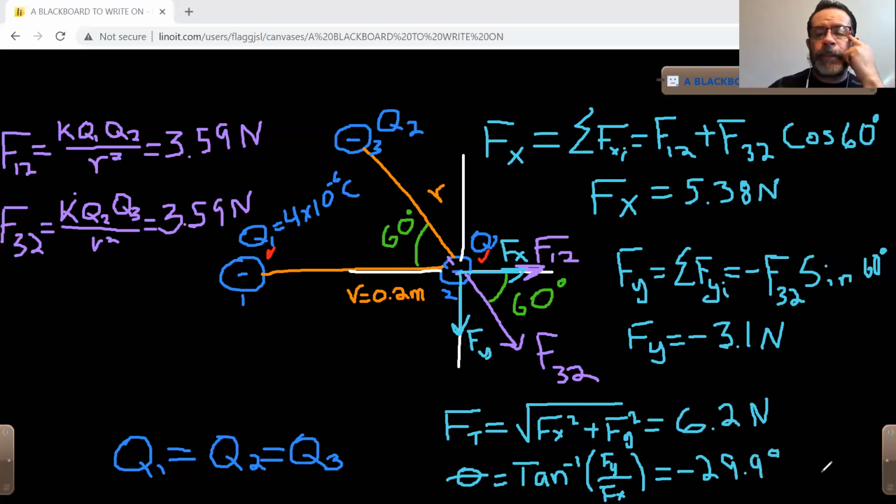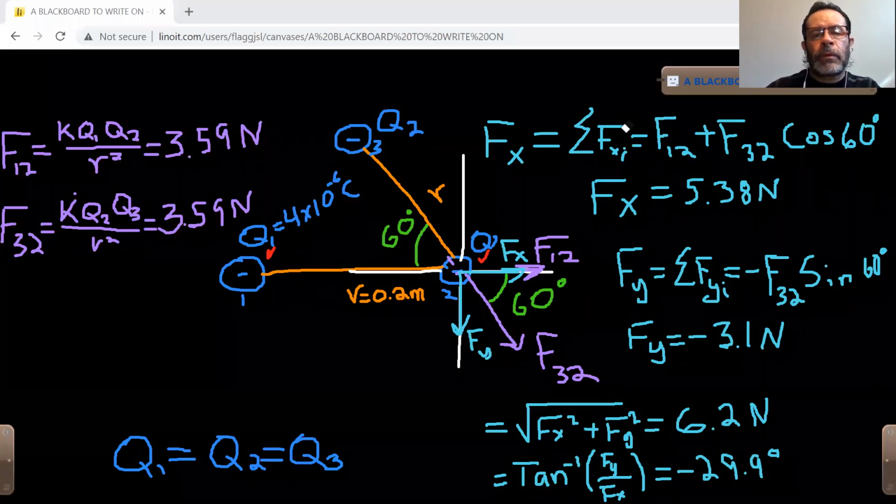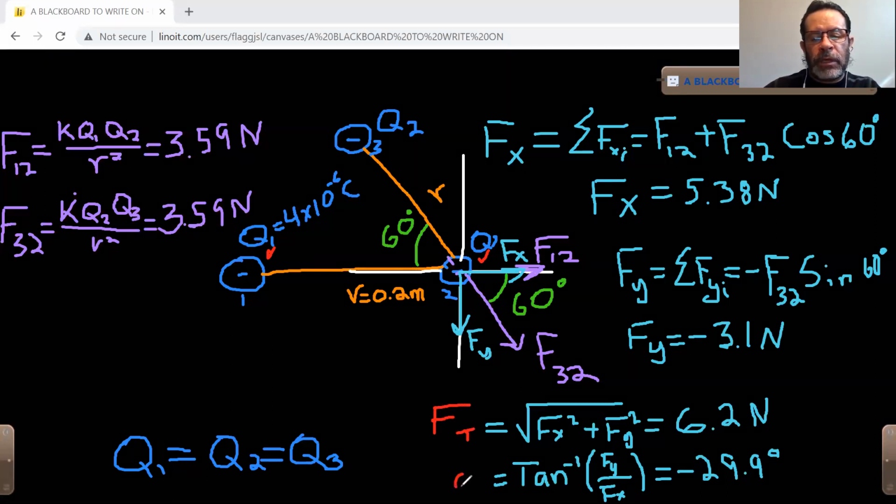Okay. Now that means, and I'm just going to mark it here in red, that the total force Ft and the angle theta, the total force is going to be going roughly something like this, in this direction.